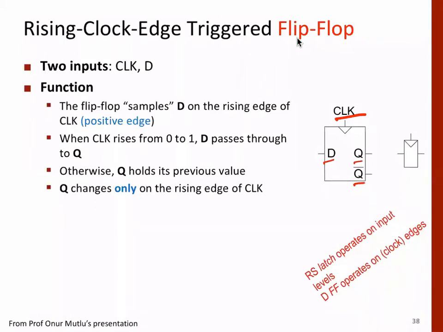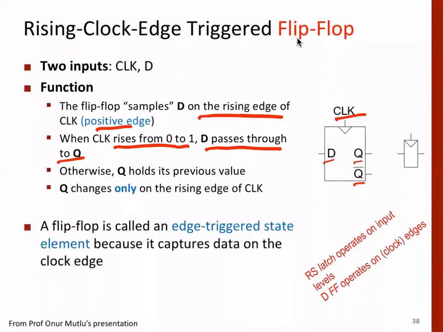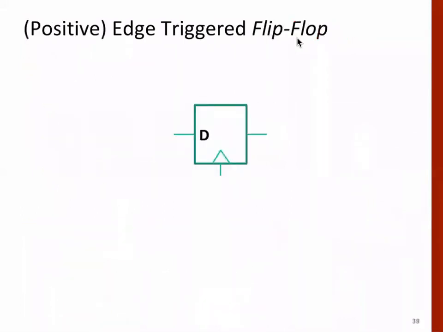The flip-flop samples D on the rising or positive edge, when the clock changes from 0 to 1, and D passes through to Q. Otherwise, Q holds its previous value. These are extremely simple, so I'm not going to go into details.